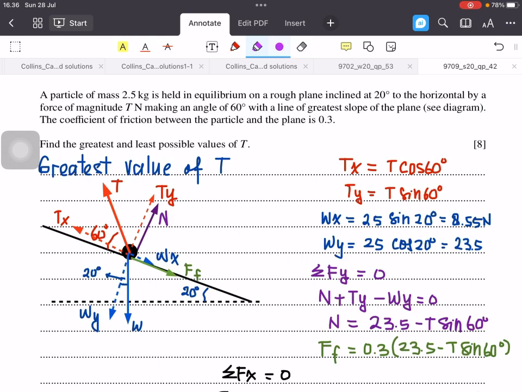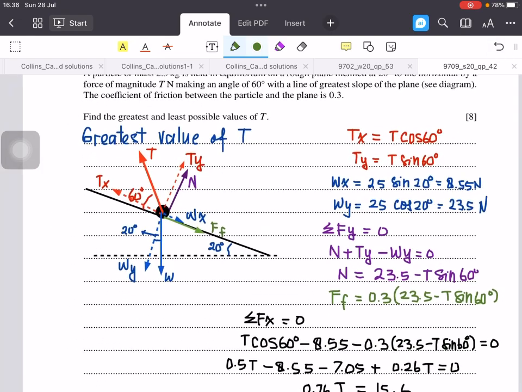And we can get that the normal force acting on the particle is Wy, which is 23.5 Newton, minus Ty, T sin 60 degrees. And then the friction force here is the coefficient of friction 0.3 multiplied by the normal force.